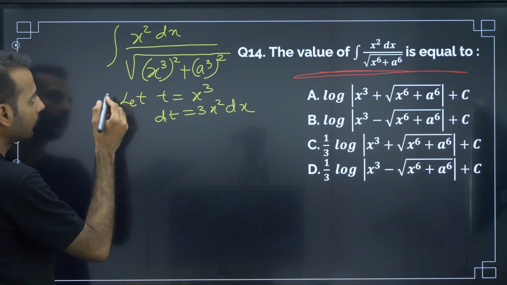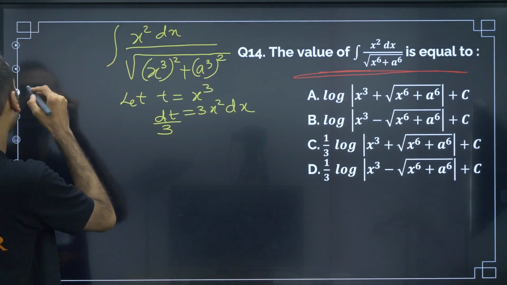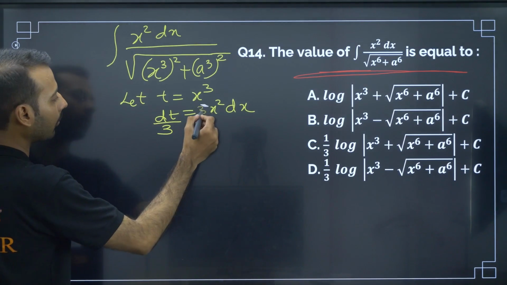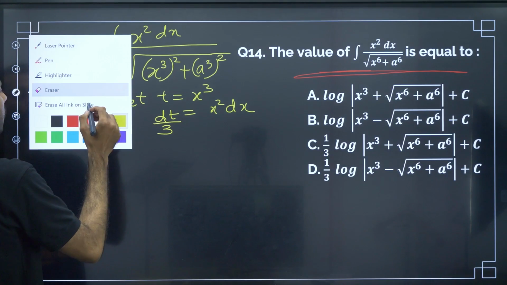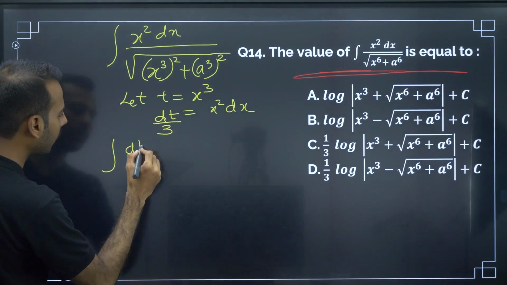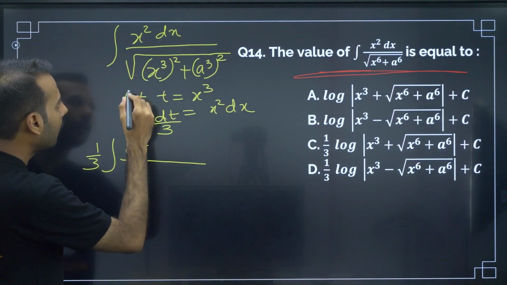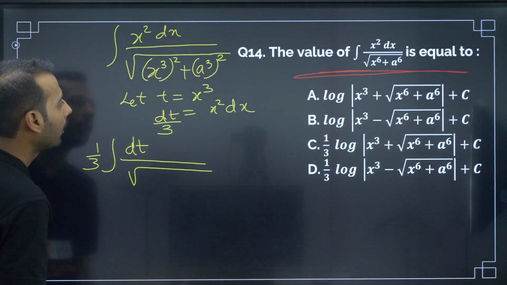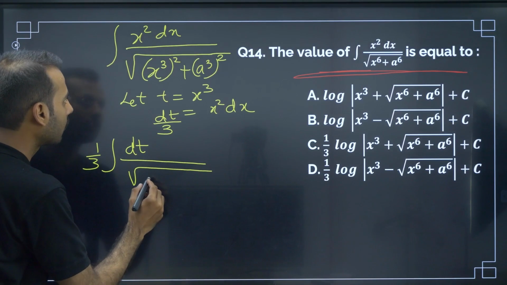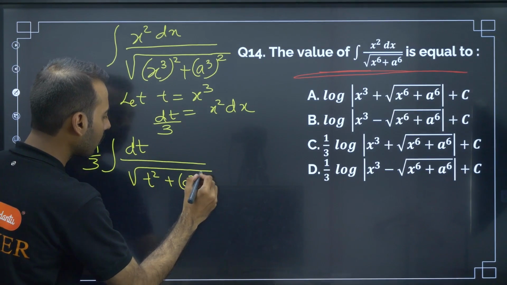Rather than writing this 3 here, let me write this 3 here. Now x square dx can be written as dt by 3, so 1 by 3 I am placing here, by root of, in place of x cube, t square plus a cube square.